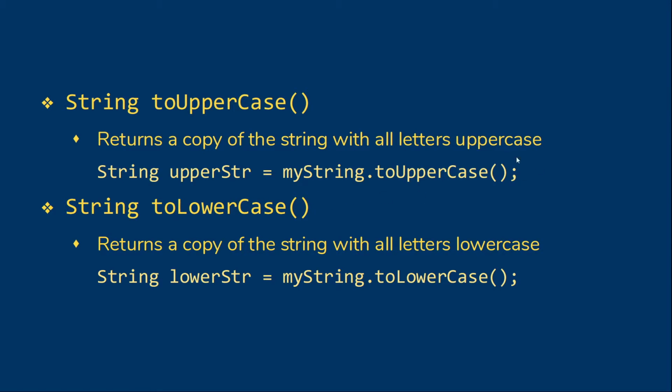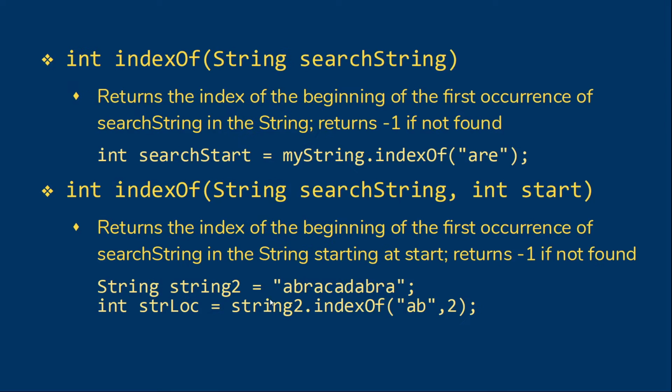So in this particular case, that would be "roses are red" with all caps. Now the blanks wouldn't change because they're not letters. If we had digits in there, those would not change either, or punctuation or whatever. Any letters that are in there will be uppercase. And toLowerCase does the same thing with lowercase letters. So this would return exactly the same thing, except that the capital R would be a lowercase r.